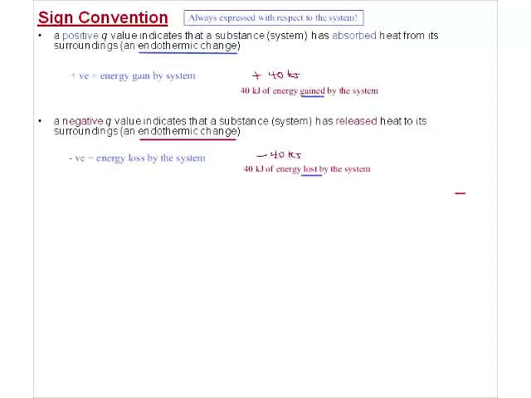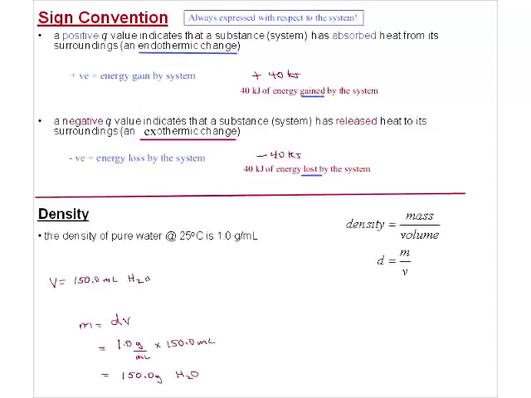This is going to be exo. Okay, there we go. So exothermic. And what we're saying here is it's a negative 40 kilojoules. So this means that 40 kilojoules of energy was lost by the system. Okay, so always with respect to the system.